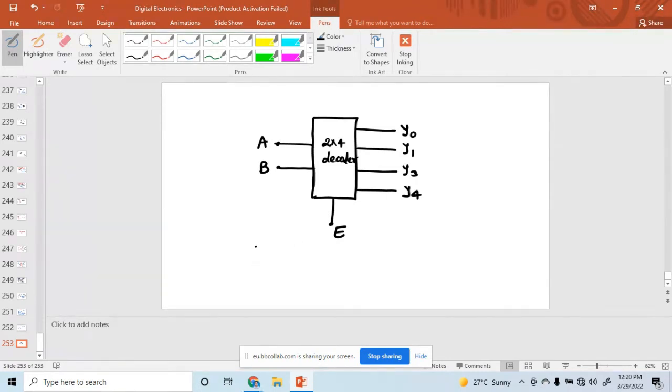So what is the internal circuit diagram of that? First we draw the truth table of this circuit.